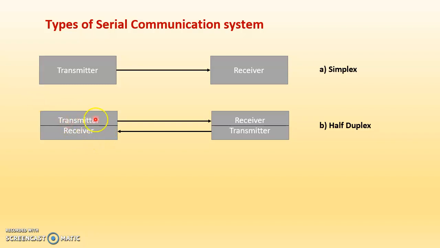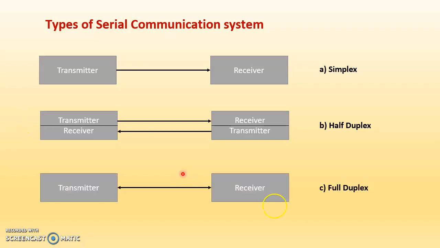Data will be transmitted from this transmitter to receiver at a time, and at another time it will be transmitted in the other direction, but not both transmissions at a single time.